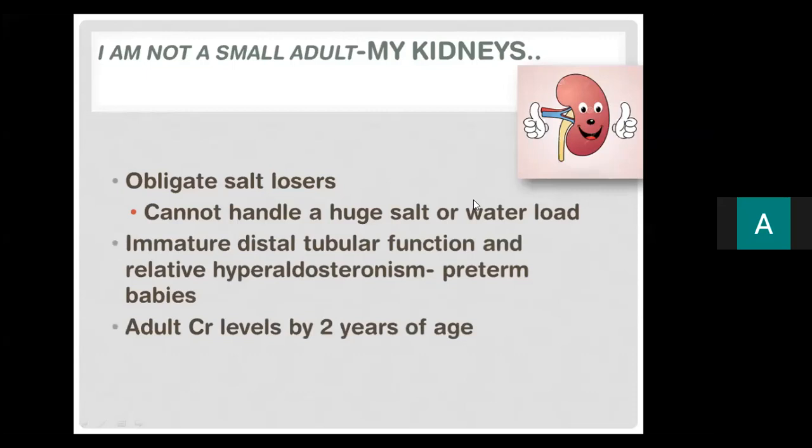Then the other thing that happens in preterm babies is that they have a relatively increased amount of aldosterone, which would translate to, what would that translate to, Patricia? Increase the amount of aldosterone will translate to? They have a higher salt.